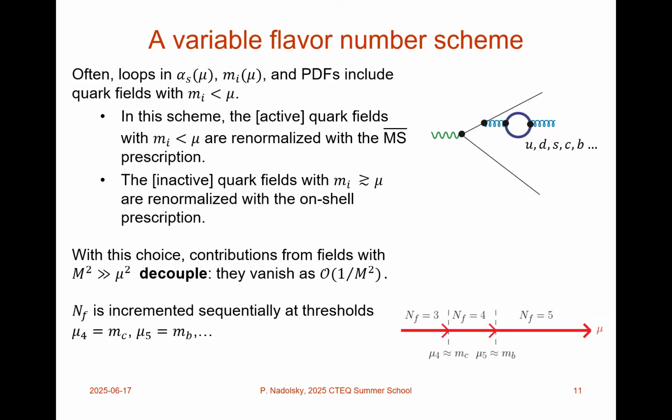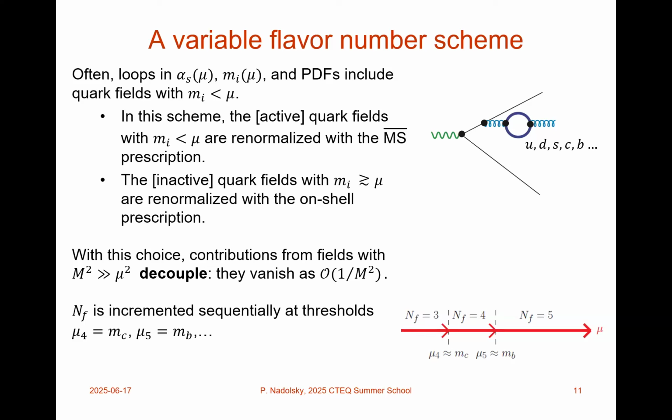Therefore alpha S and PDF will include a non-zero contribution from these light quarks for mu below the scale. Anything above the scale mu, we consider to be renormalized in the on-shell scheme. This means that it still contributes, but it contributes to the hard cross-section. It doesn't contribute to alpha S or PDF.